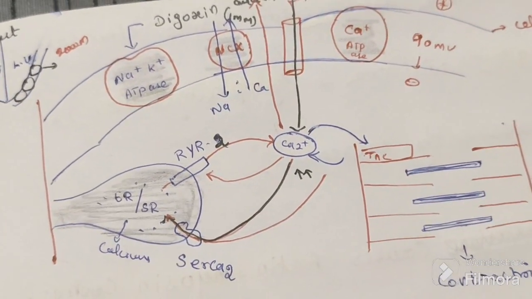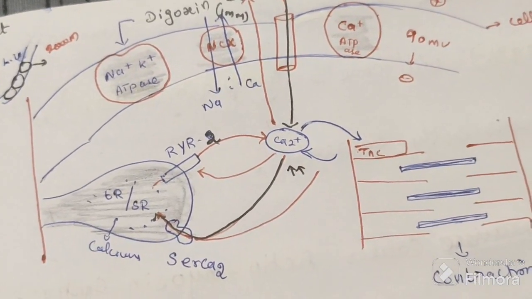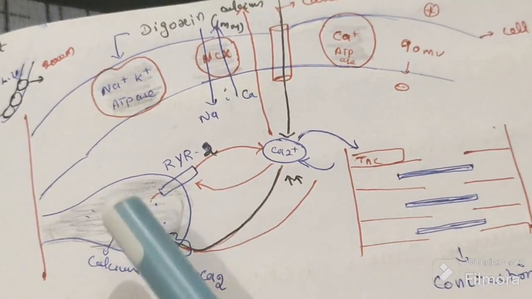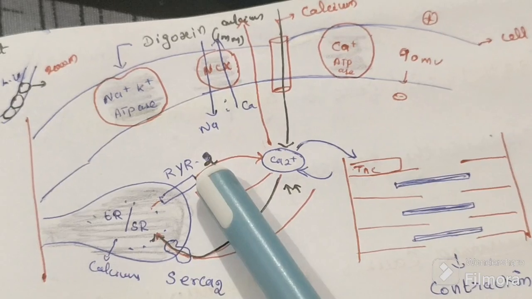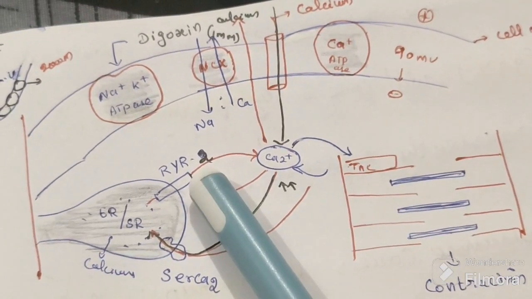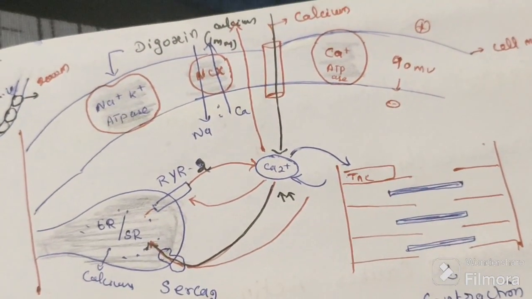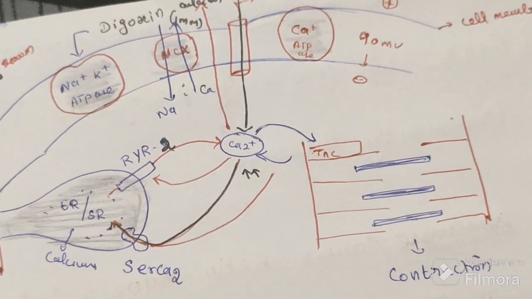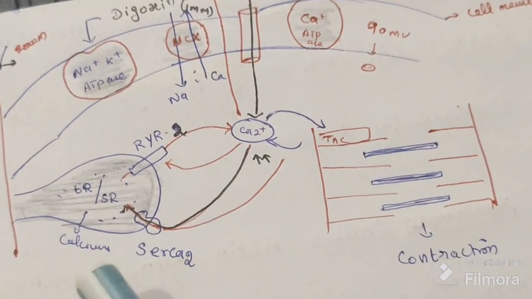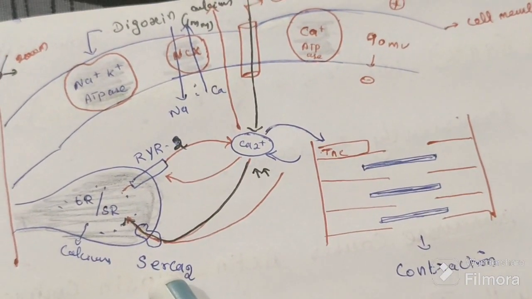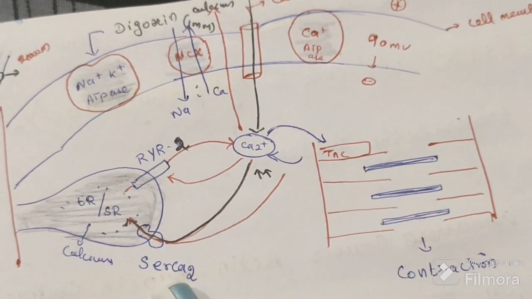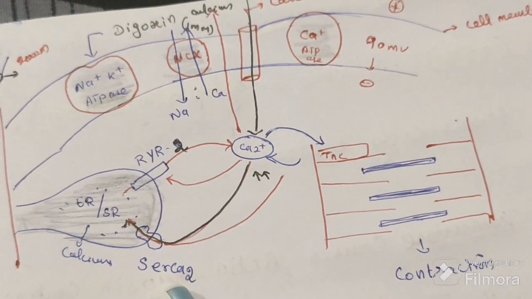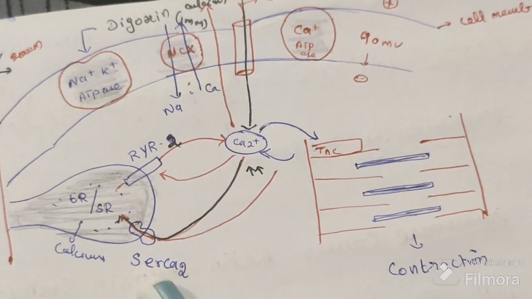On the endoplasmic reticulum, one receptor was the RYR2 receptor, from which 99% calcium was coming. There is one more receptor known as SERCA2, the sarcoplasmic endoplasmic reticular calcium ATPase 2.